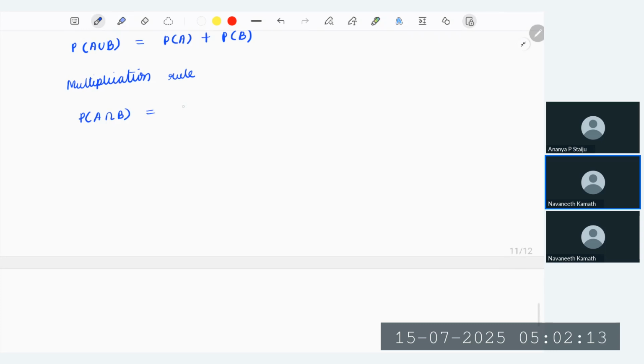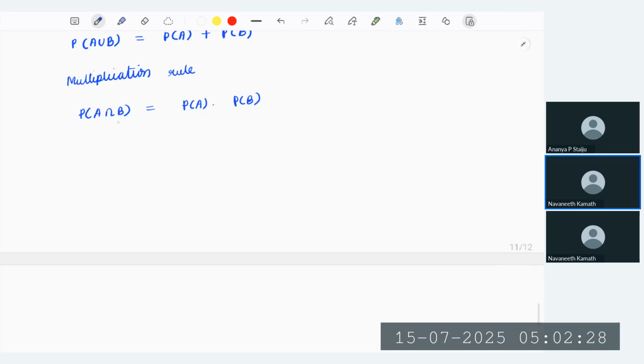It is generally P of A dot P of B. It is a multiplication between the probabilities of two events, for the common thing. Now next, for independent events I'm talking about here, not dependent events. So they are not dependent.